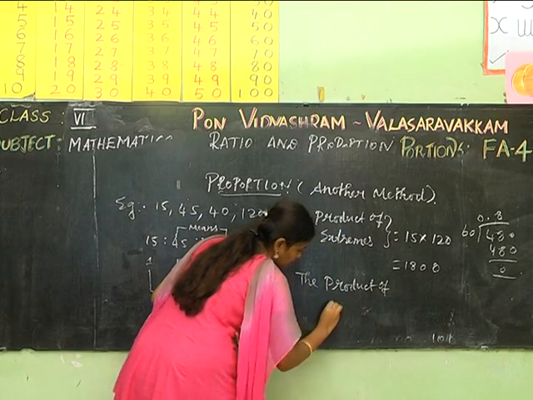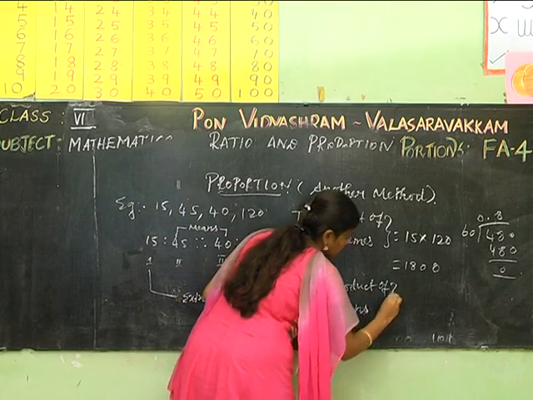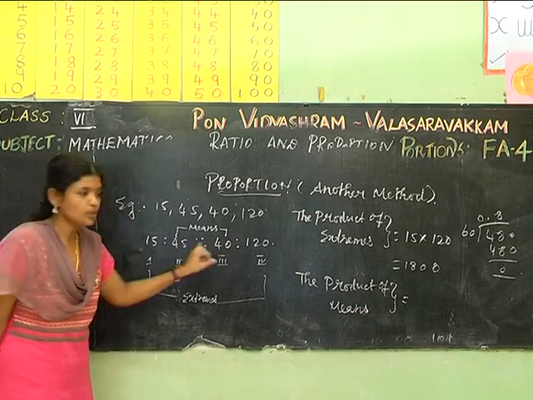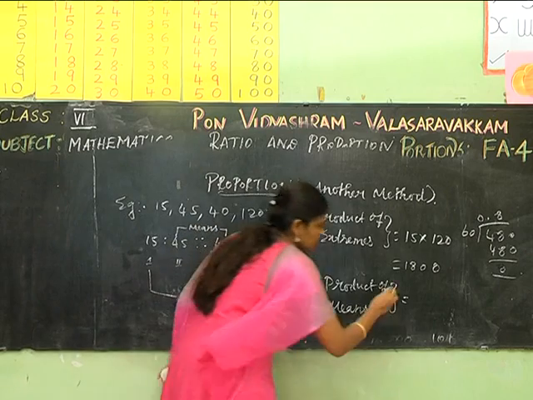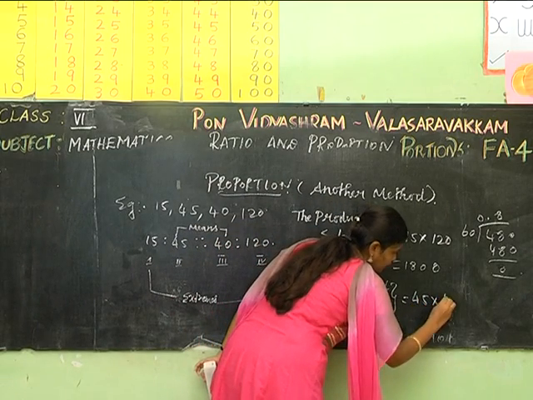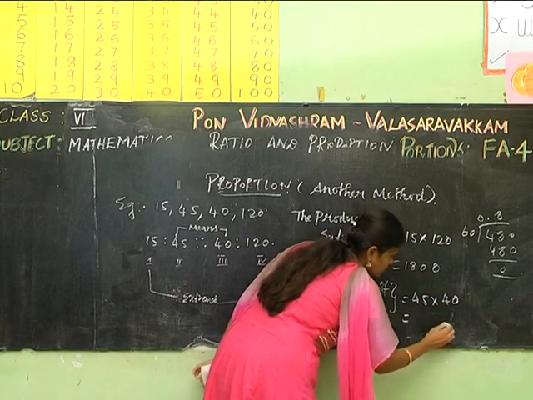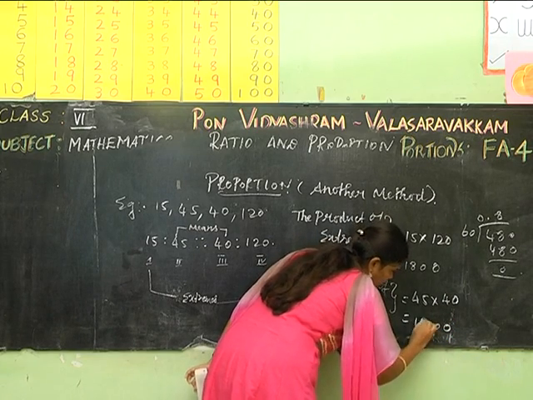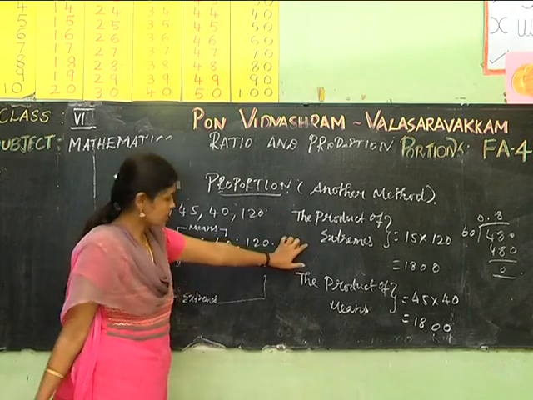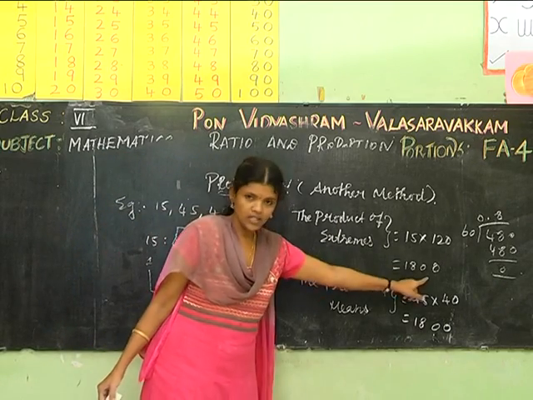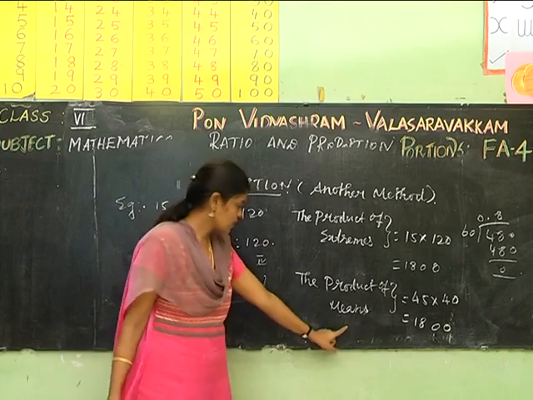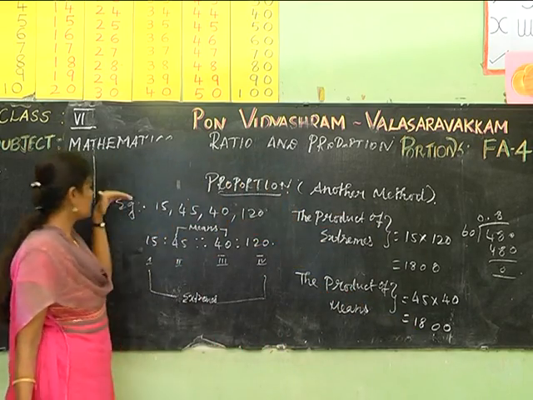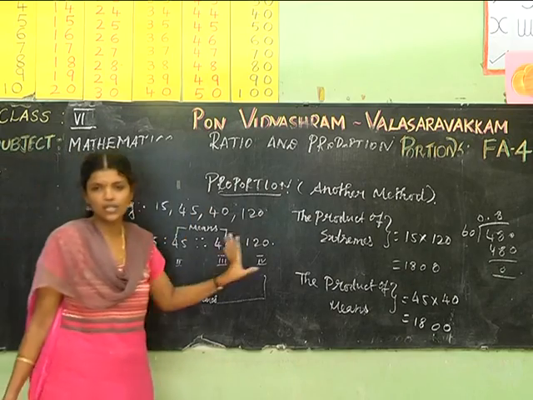Product of means is the second term and the third term. You have to multiply these two terms. So here 45 into 40, you will get 1800. See here, product of extremes is 1800 and the product of means is also 1800. If both values are the same, the numbers are in proportion. Otherwise, they are not in proportion.